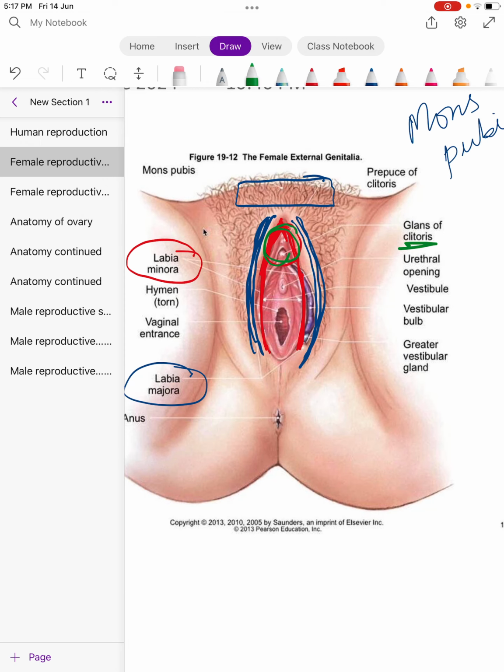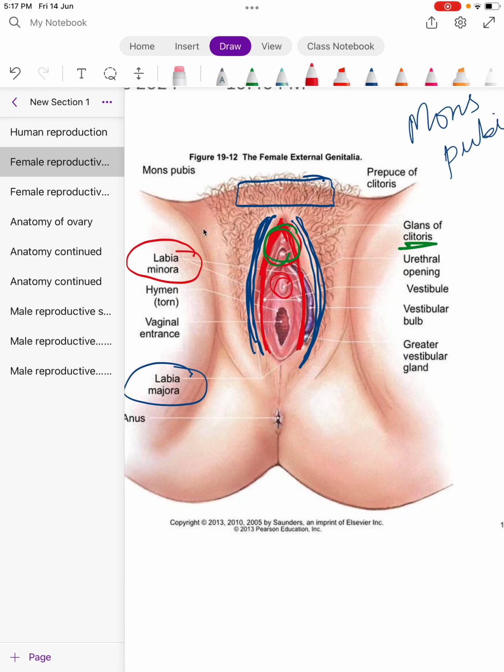The clitoris is a tiny finger-like sensitive erectile structure which is present at the junction of the labia minora, above the urethral opening. Here you can see this one is the opening of the urethra from where the urine passes out.